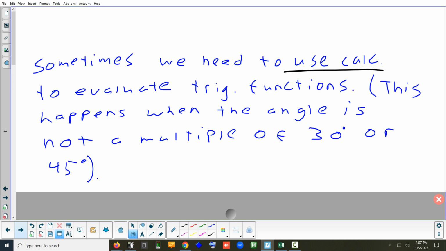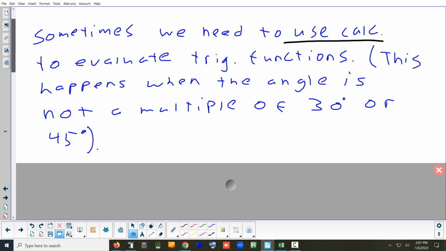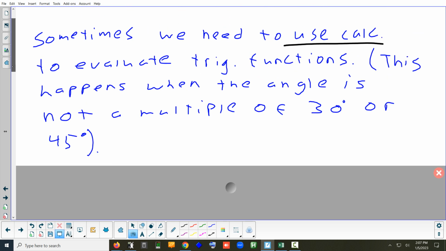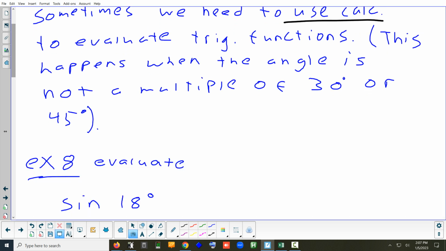In fact, for most angles, if you told me to not use a decimal, I wouldn't know how to do it. So you have to use a decimal to get the answer. The 15s and 75s, I would know how to do. That's a little bit different. Okay, but when it's not a 30 or 45, we're going to try it on the calculator.